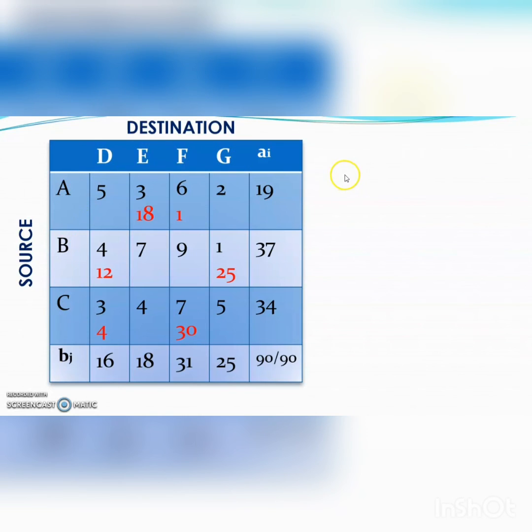So the value of m plus n minus 1 is 6, which is equal to the number of allocations. So this solution is an initial basic feasible solution of the given problem, and we obtained this solution using the Vogel approximation method.